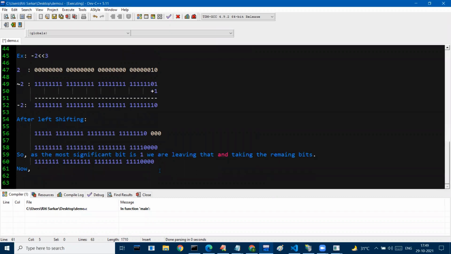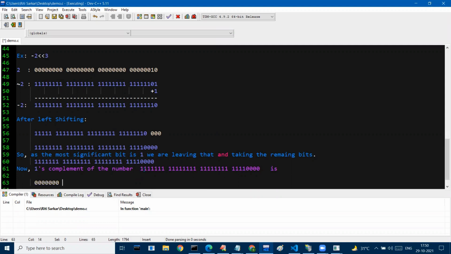Now, the 1's complement of the number: 1 will be converted to 0.